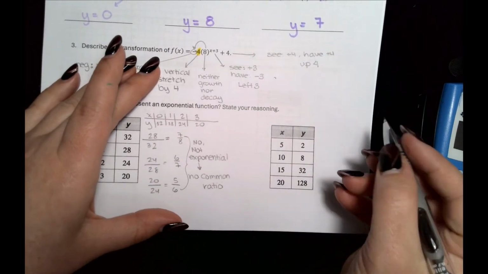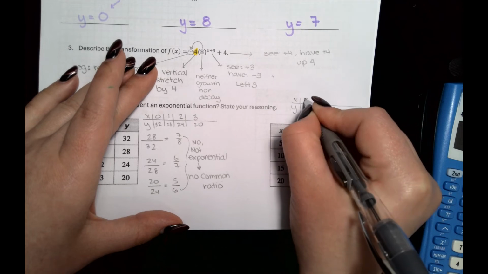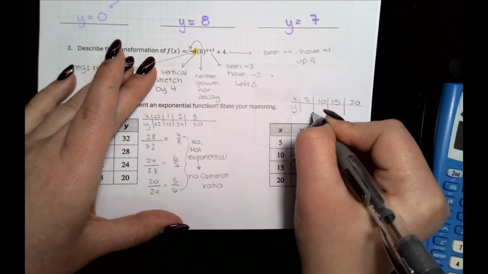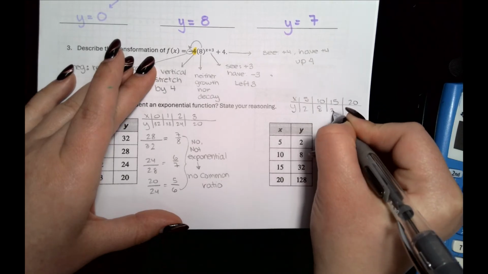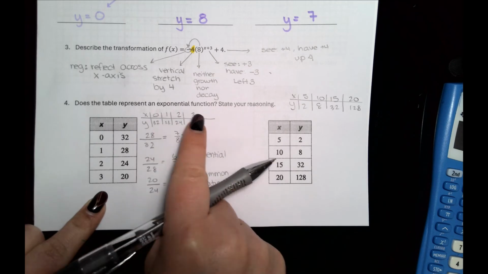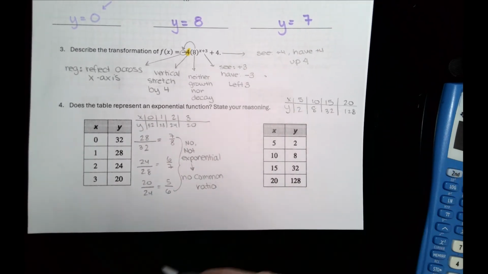Do the same thing for this one. And the reason I'm rewriting it is because for me it's easier to do the right over our left. Now notice the difference between here, 0, 1, 2, 3, 5 goes to 10, 10 goes to 15, 15 goes to 20. As long as there's a pattern, you're fine.